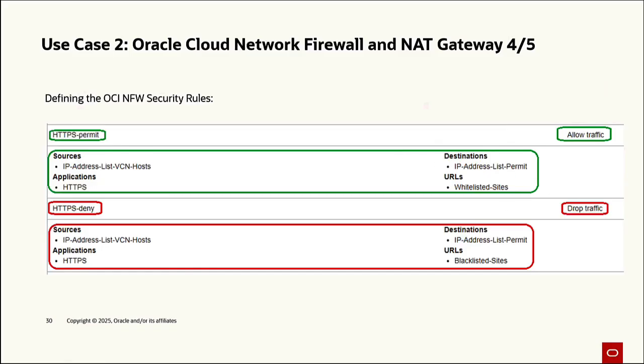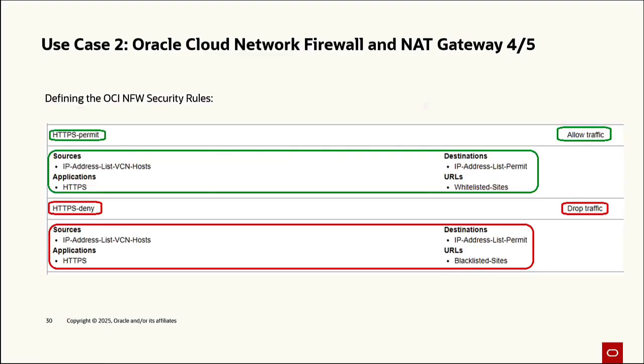Remember, production 1 and production 2 with green here, and allow traffic as an action. And the HTTPS deny will be from the same source to the same destination, but the URL will be the blacklisted site production3.test.com with an action of drop. So we have a drop traffic here.